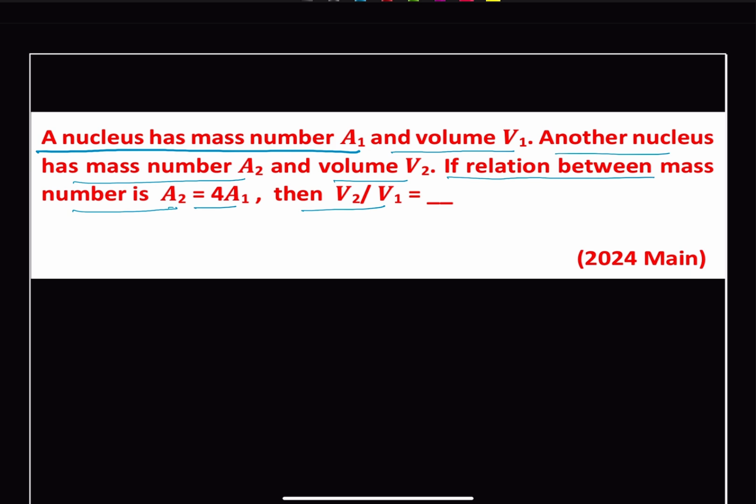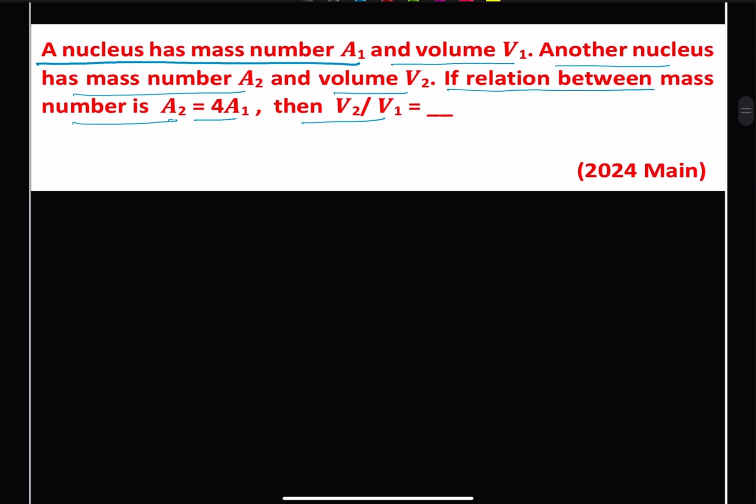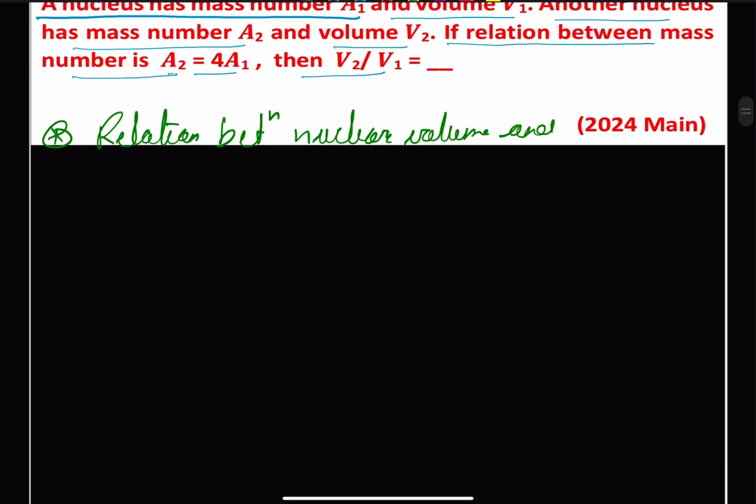We can use a direct relationship between the volume and the mass number, because here we are going to find a ratio, so we can just take it as a proportionality. So we can say, relation between nuclear volume and mass number.